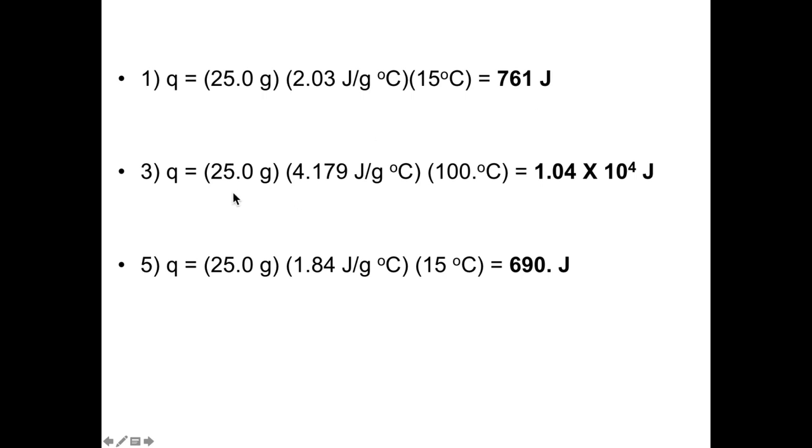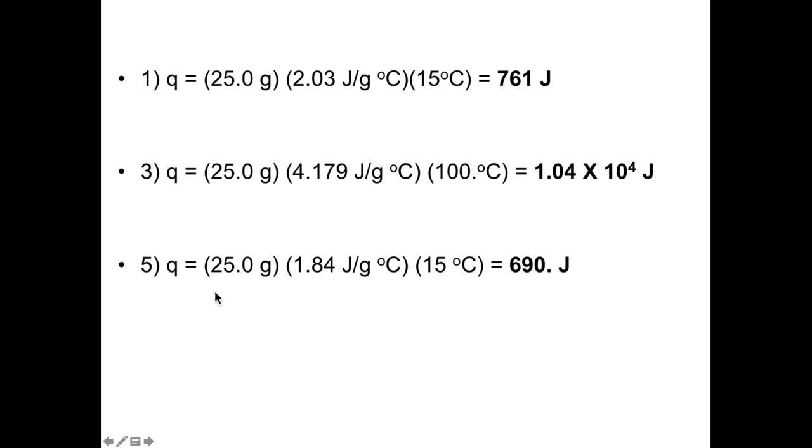For the second one, when you start at 0 degrees Celsius and go to 100 as water, we have the same amount of water, 25.0 grams. You're going to have the specific heat capacity of water, which is 4.179. Then it's going to be 100 minus 0 to give us 100, and that's going to be 1.04 times 10 to the fourth.